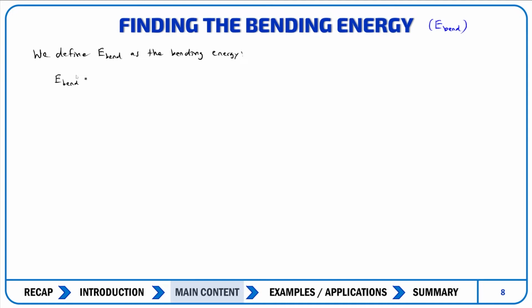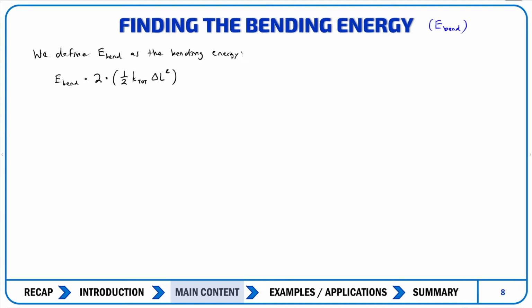That is exactly how we're going to calculate E bend. We know that there is going to be two springs, so there's going to be twice as much energy as one. So 2 times, and this one you should be familiar with, 1/2 kx squared. But in this case, we're going to use K total, and x is the length, but we have delta L as the change in length, and that's going to be squared.